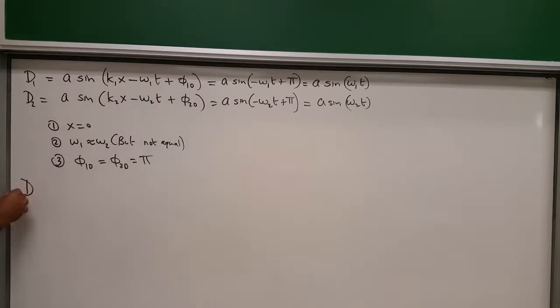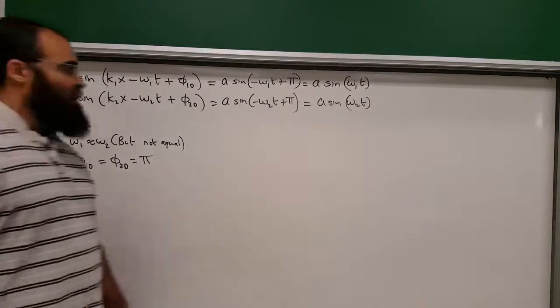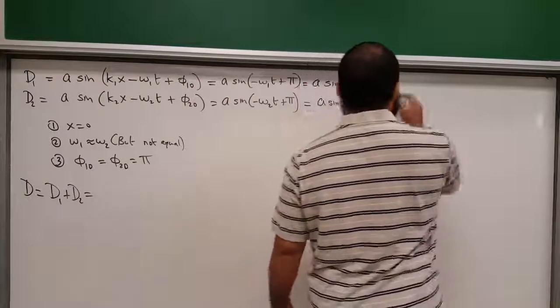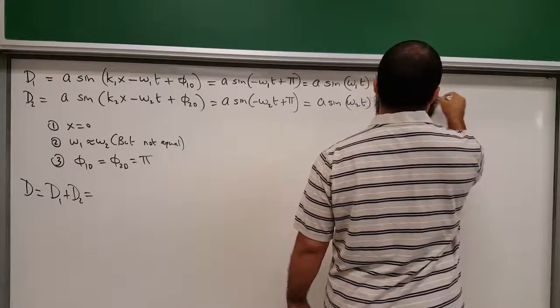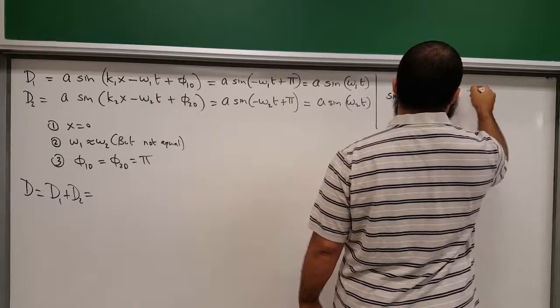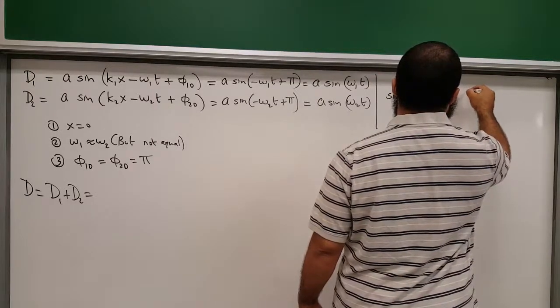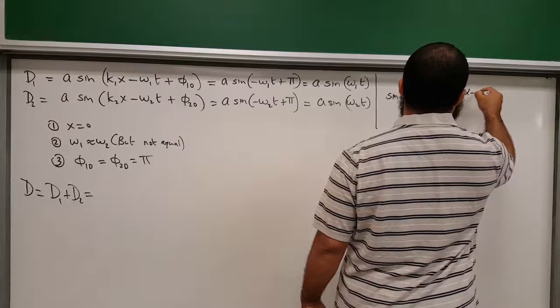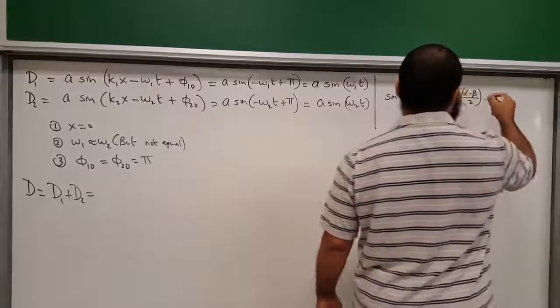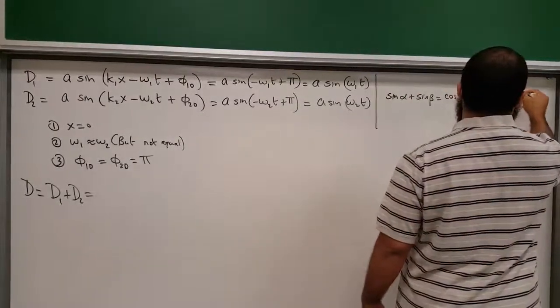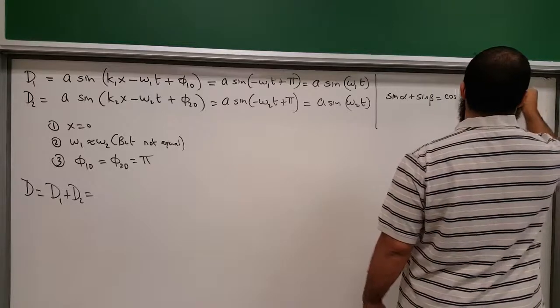I want to know, what do I get when I add the two waves? They interfere with each other. Interference means you just superimpose two waves, put one on top of the other, add them, and see what you get. I need to refer to this identity again. The sine of alpha plus the sine of beta is equal to 2 times the cosine of alpha minus beta divided by 2, times the sine of alpha plus beta divided by 2.